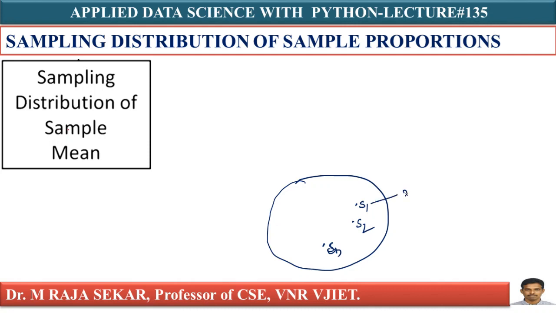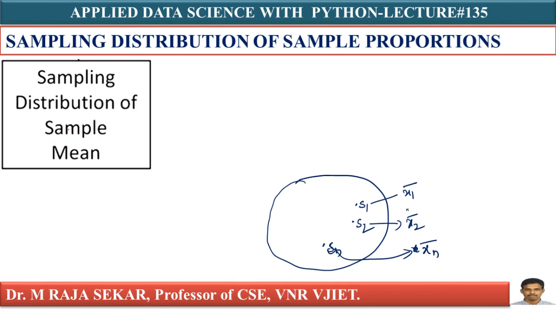For each sample, I can calculate the sample mean. X1 bar is the sample mean of my first sample, X2 bar of my second sample, and Xn bar of my nth sample.